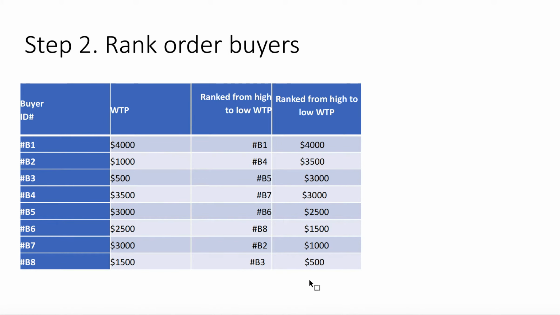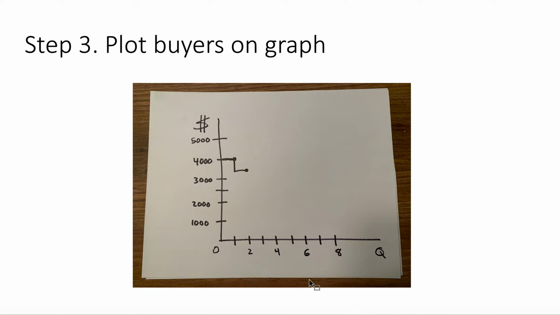Now you want to rank order the buyers. On the left, you've got that original set of buyers, B1 through 8, and on the right, I've rank ordered them from high to low, from 4,000 down to 500. By rank ordering them, you're able to map out the demand curve as a descending staircase that's going to start like this.